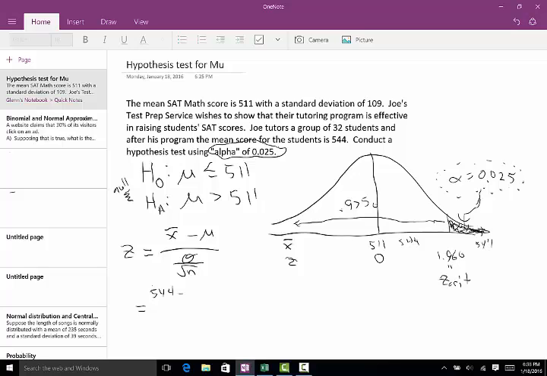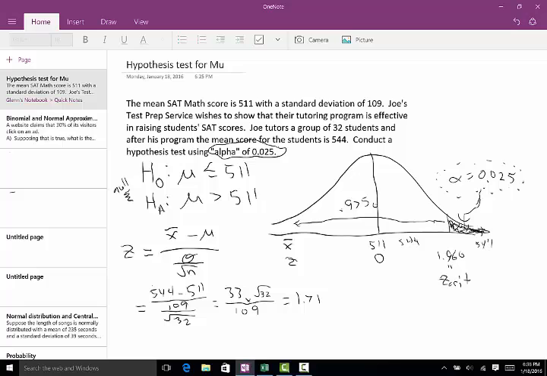544 minus 511 over the standard deviation that was given by the College Board, actually. Square root of 32. You can flip this and multiply. 1.71.